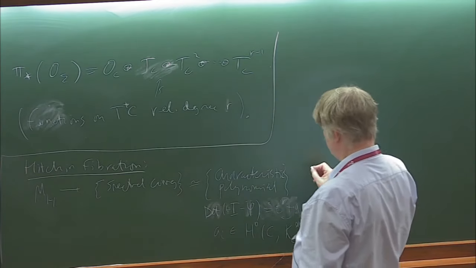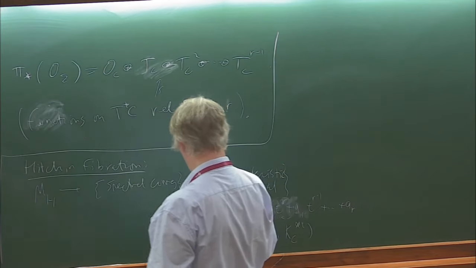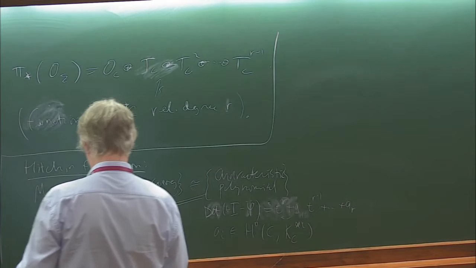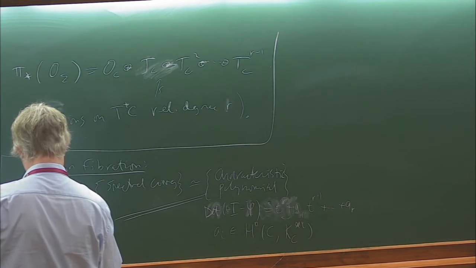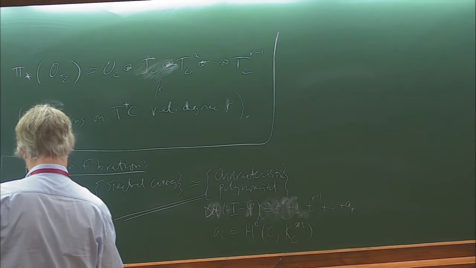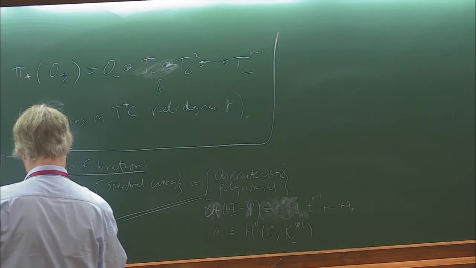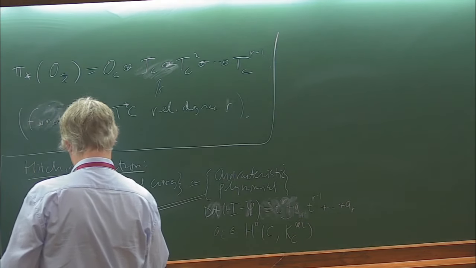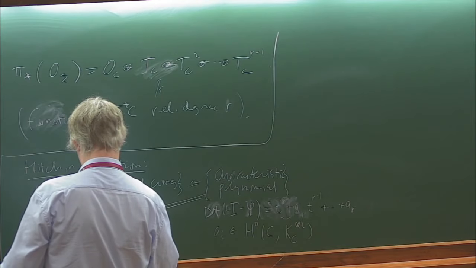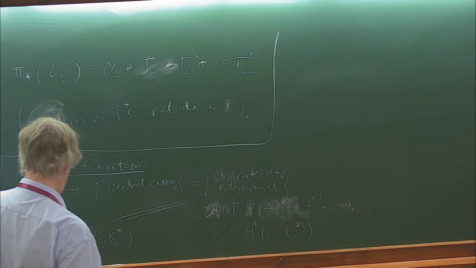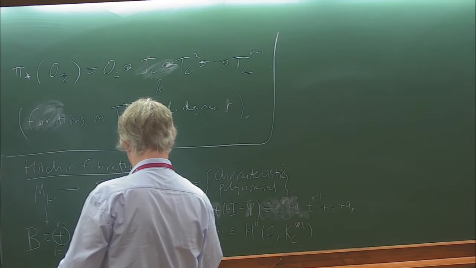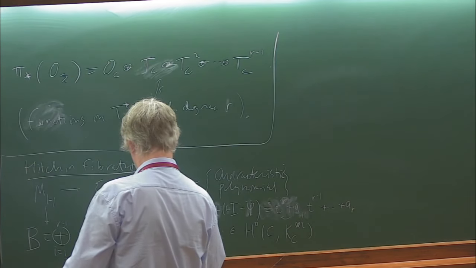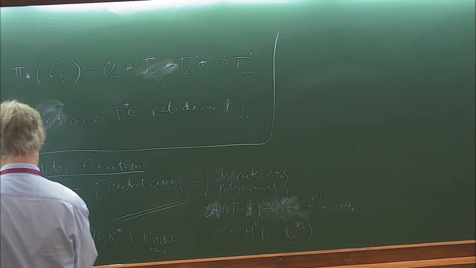So this set of characteristic polynomials is equal to, let's call it B, the direct sum of i equals 1 up to r of these spaces. This is called the Hitchin base. This is the Hitchin fibration.